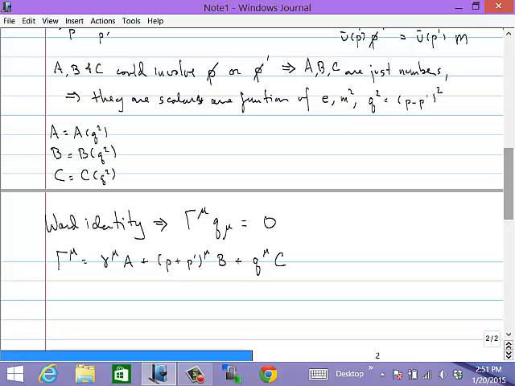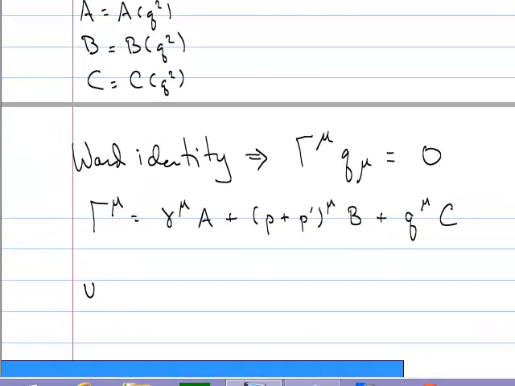And if you go ahead and contract those three structures with Q mu, say, if you contract U bar of P prime gamma mu with U of P, then you get three different structures.